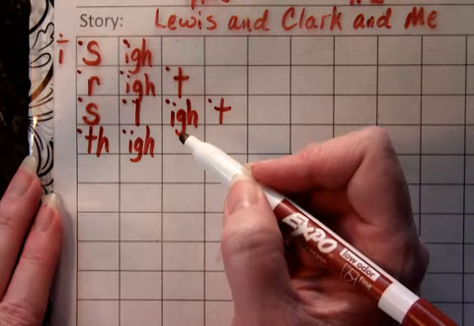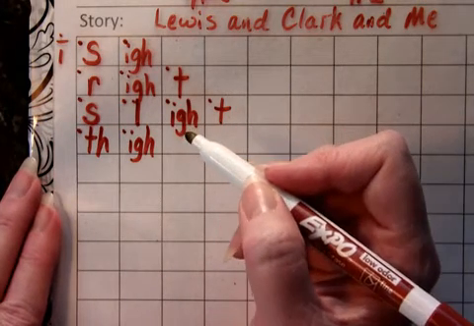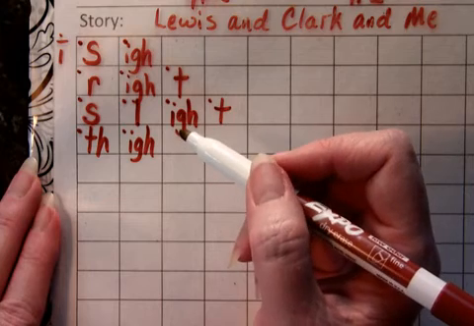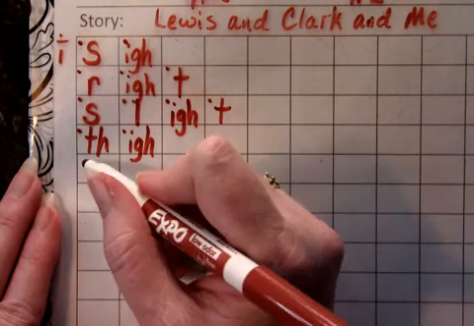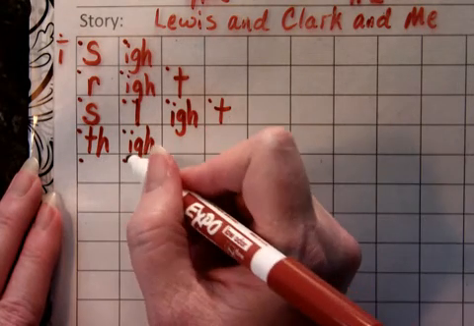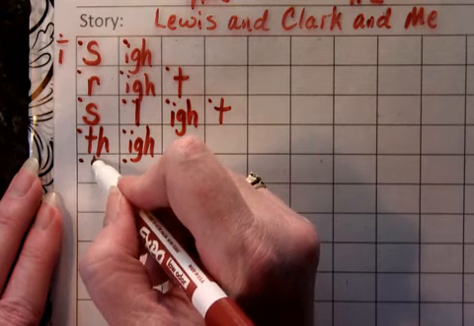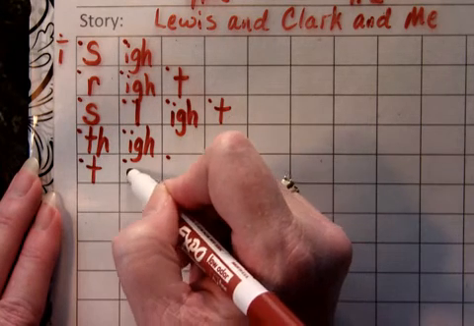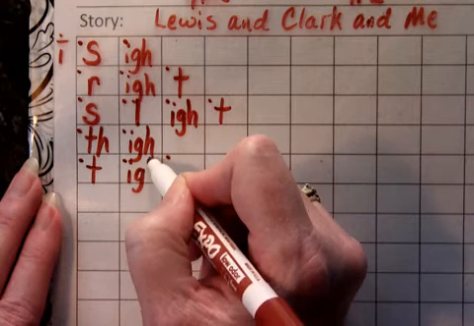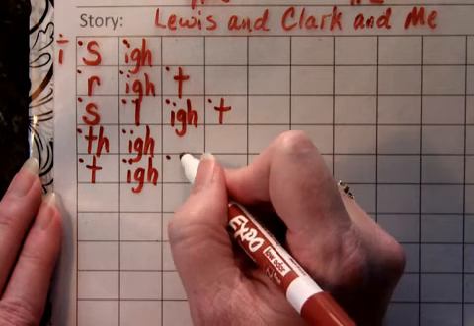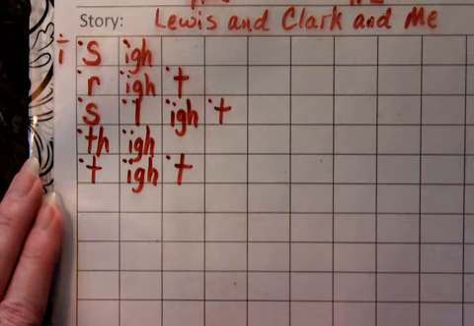It's a part of your leg, thigh. The next word is tight, tight. The first sound is T. Then I, I-G-H, T, tight.